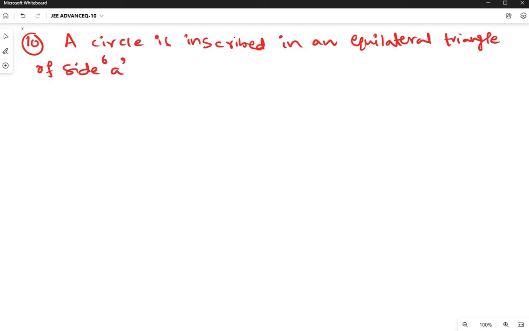Then find the area of the square inscribed in the circle.